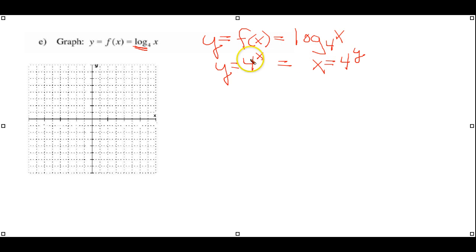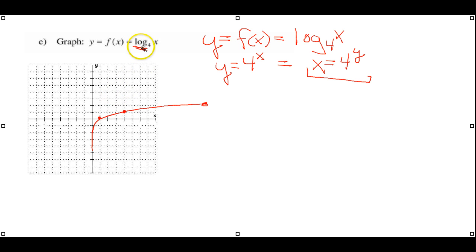So we switch the y and the x around, and we get this value to graph. And we did that in an earlier lesson. And the graph of this then, if you recall, it goes through 1 here, and then it goes through 1, 2, 3, 4 there, and then it goes up to 16 out here, and it looks like that.